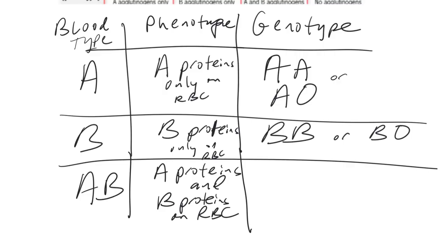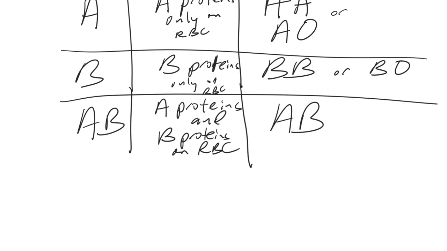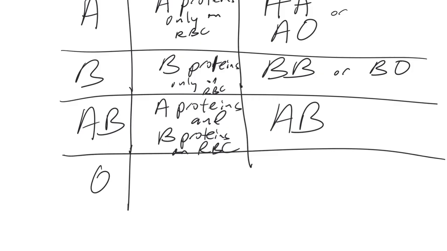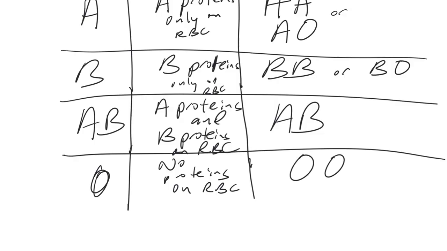So you could only be AB because you have to have the gene for both A and B to make those proteins. And then you could be type O blood. This is no proteins. So the only thing you could be is homozygous O.